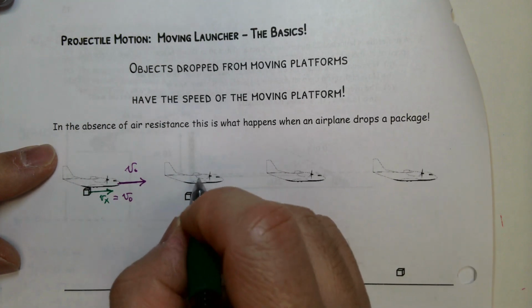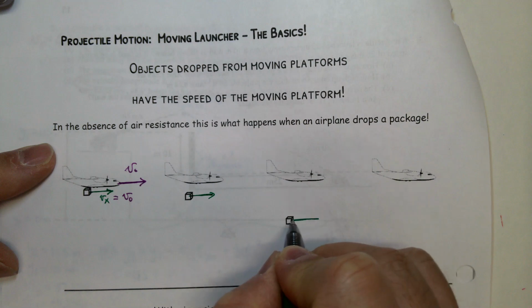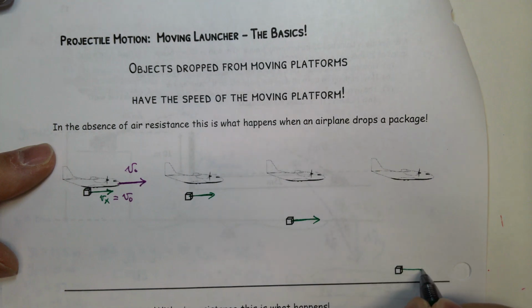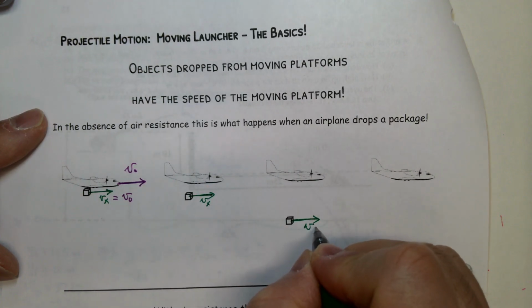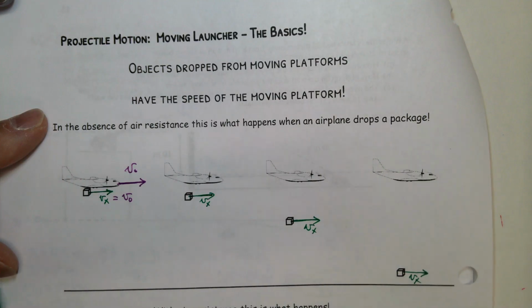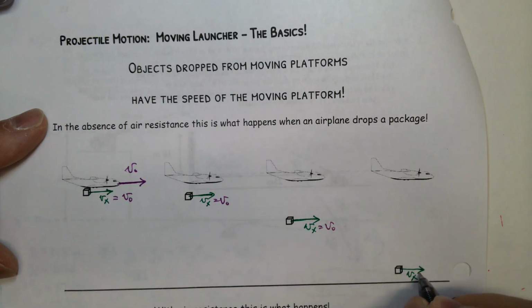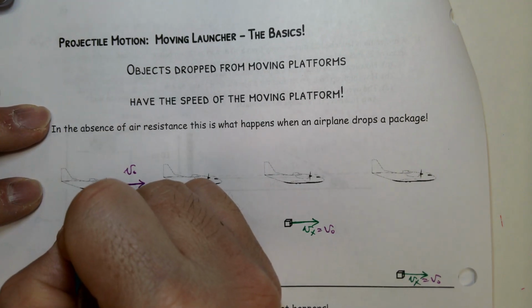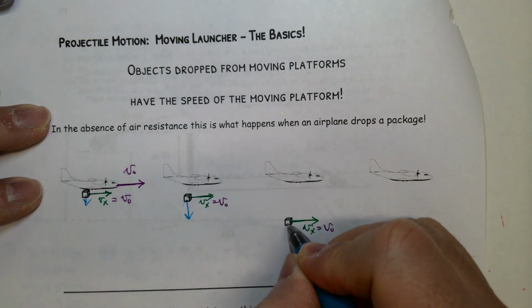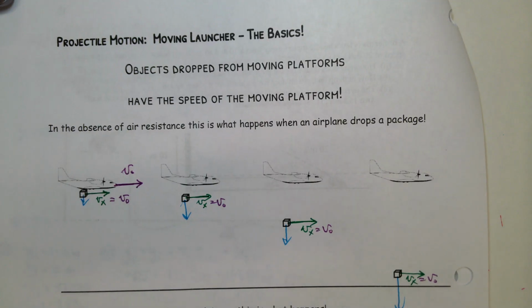So even here, this Vx will still remain the same, right? So Vx will always be the same as your V0, which is the same as the airplane speed. However, for y, it'll get bigger and bigger. All right, so I'll stop there.